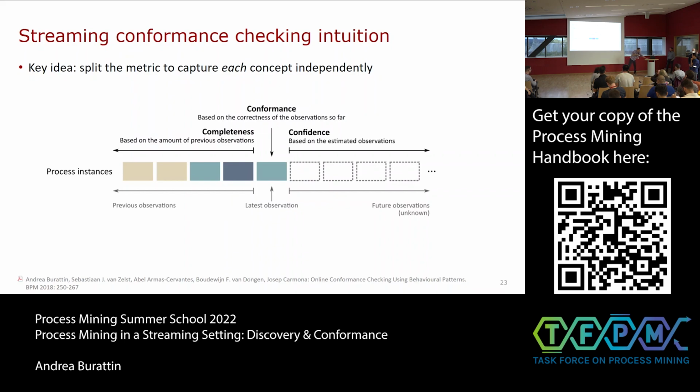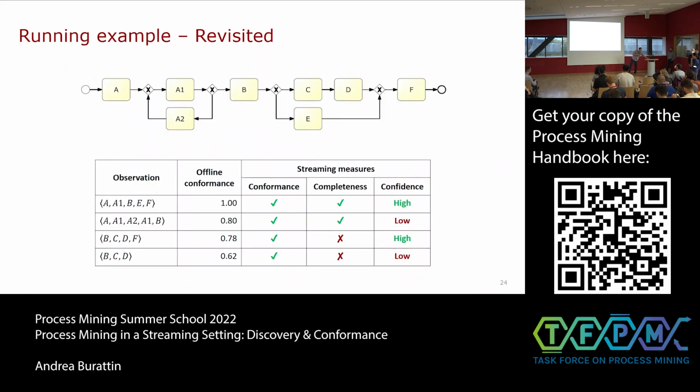If you look at this trace here, it stopped at B, which basically means that there are still some events to come, so we cannot be that confident about this behavior, because maybe this trace will be completely messed up by the end.